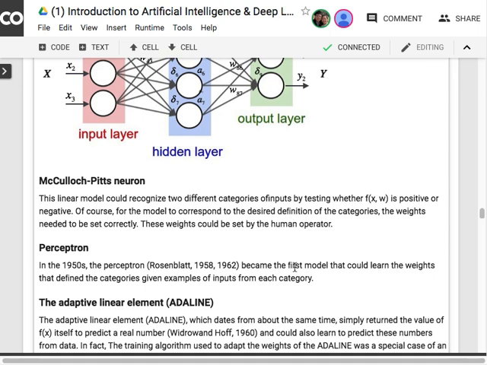I'm still not very clear on it, but it's something like we have x1, x2, and y, and then they try to write down the function like this.